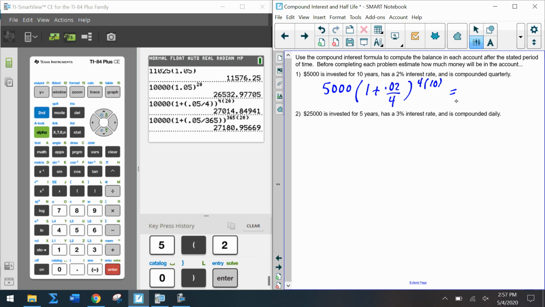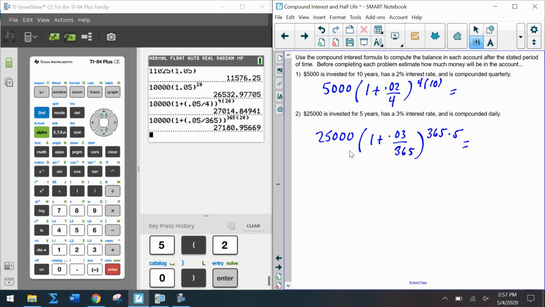And then for the next one, we have $25,000 invested, compounded daily, so 365 down here, so 365 times 5, and then see what you get.